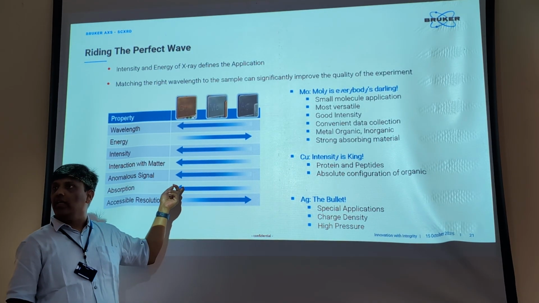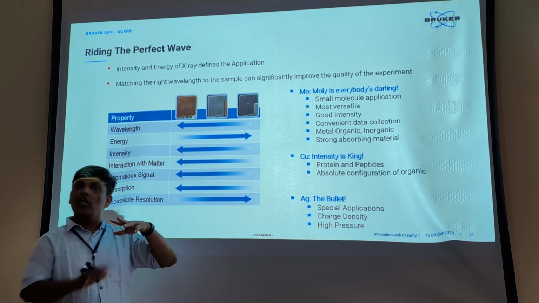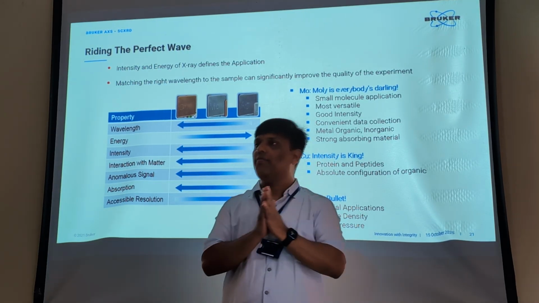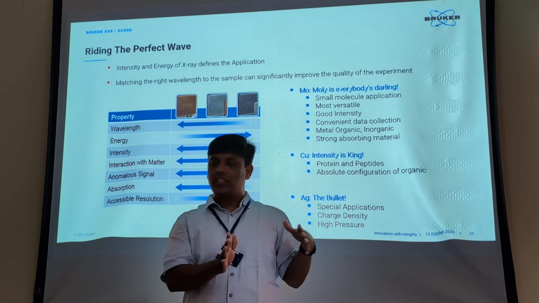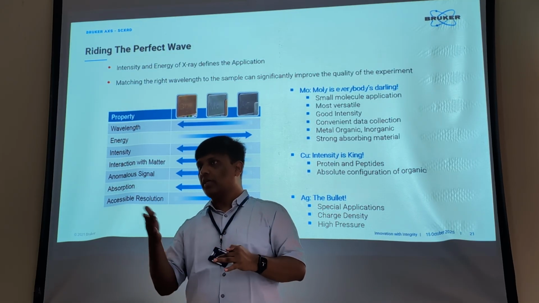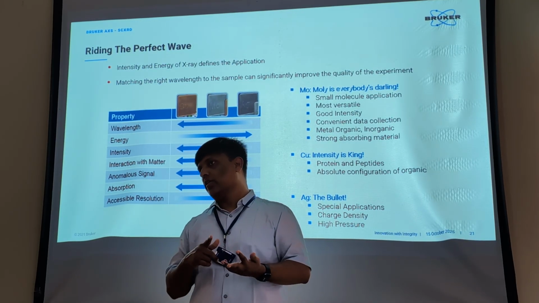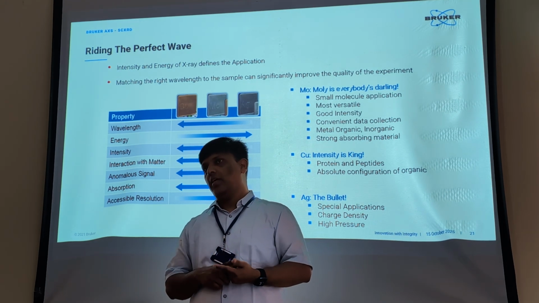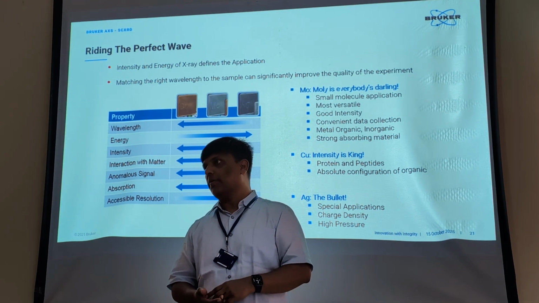That is why it is the preferred radiation for all small molecule applications. But whenever you deal with very pure organic molecules, like in this institute, copper is preferred because of the intensities, because of the determination of the stereochemistry, and because of the intention of doing proteins.